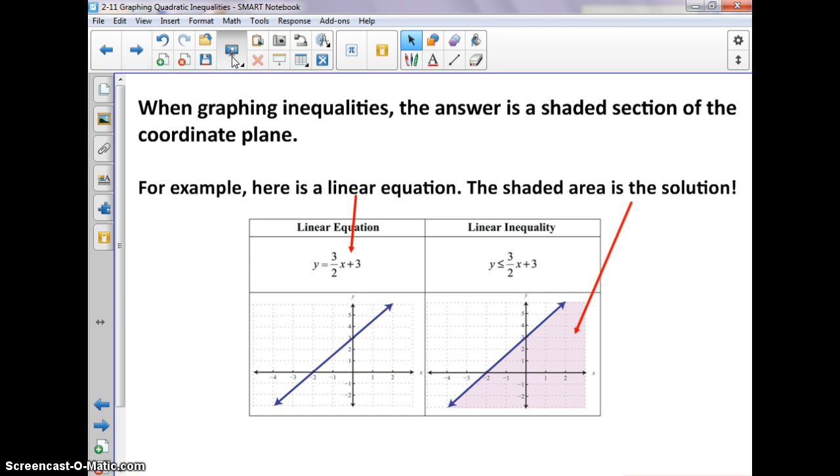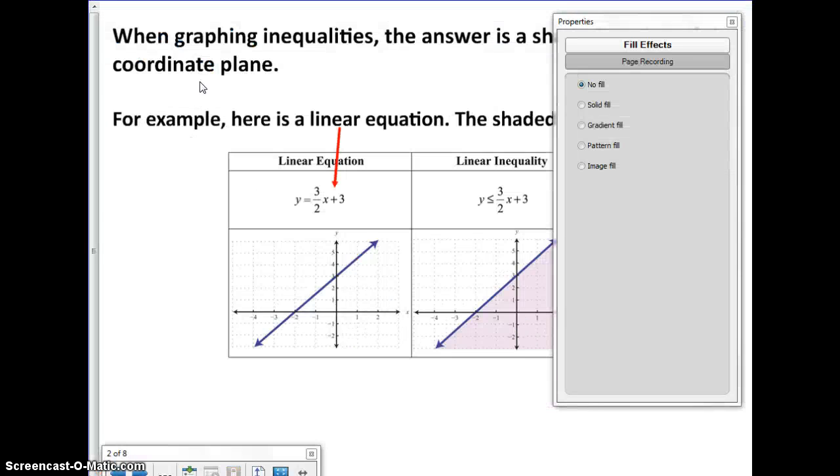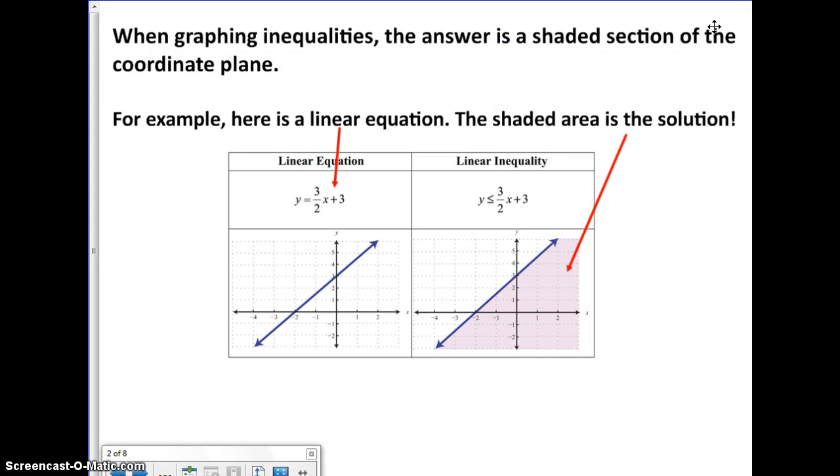Alright, so you should be back with me here, and you should have your note sheet and your calculator. So let's go ahead and begin by reviewing linear equations and linear inequalities. Last year in Coordinate Algebra, you discussed linear equations and their inequalities. Now, the answer to an equation is just the line itself.